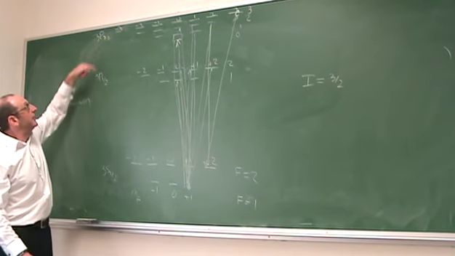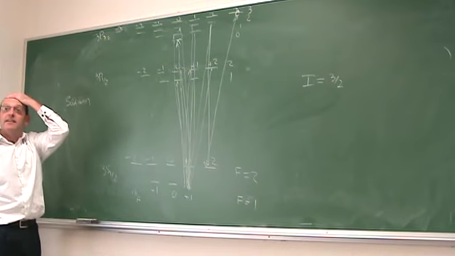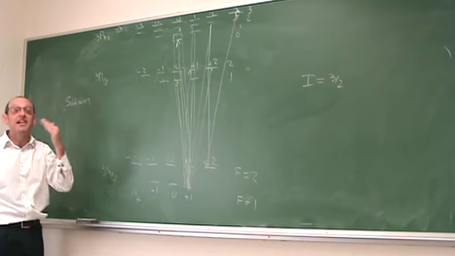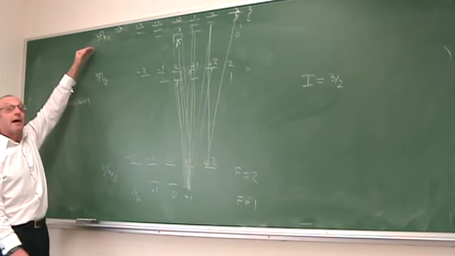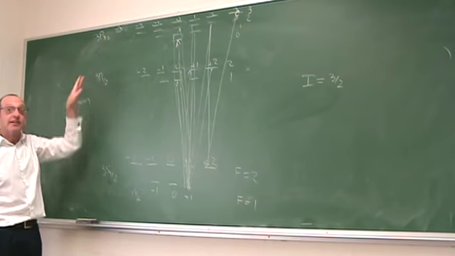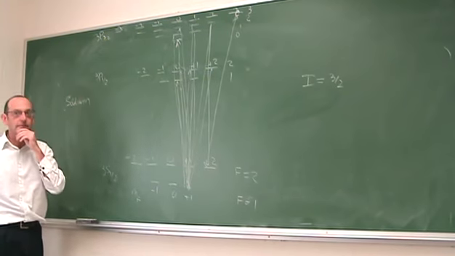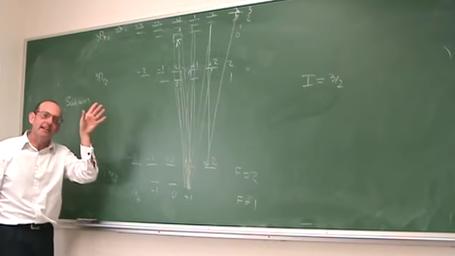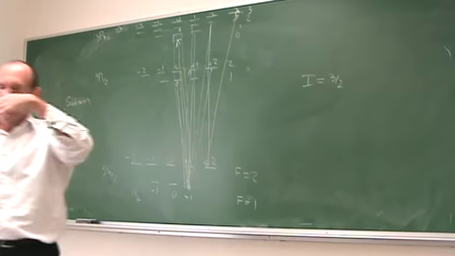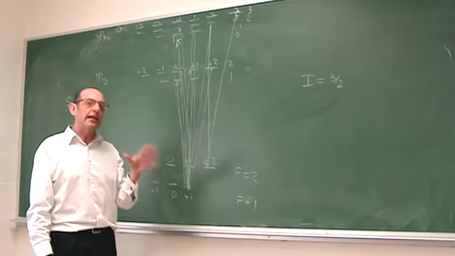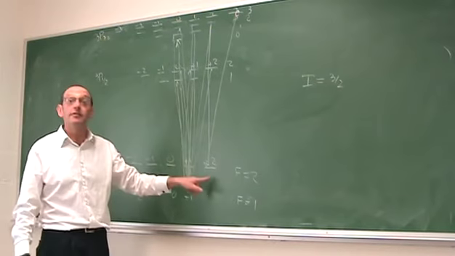Why can't it decay from here to here? Because delta L is 0. I have to change L by 1. Now, I can do that by a magnetic dipole transition, we'll get to that next week. But in electric dipole, impossible. In fact, it's extremely tiny from spontaneous decay because of the frequency dependence, but we'll get to that separately. In terms of the electric dipole allowed transitions, this is the only one.